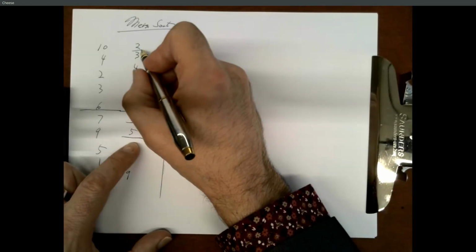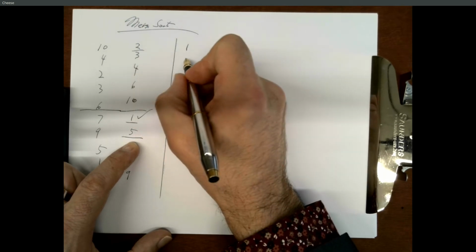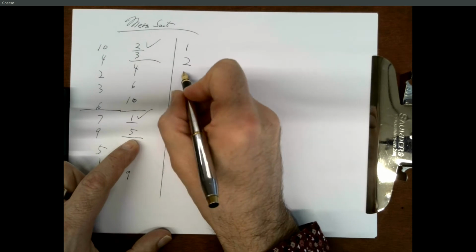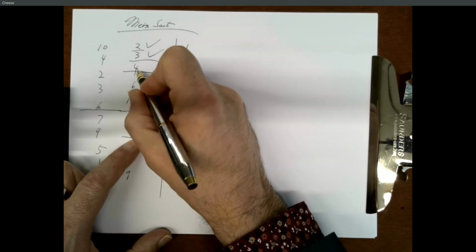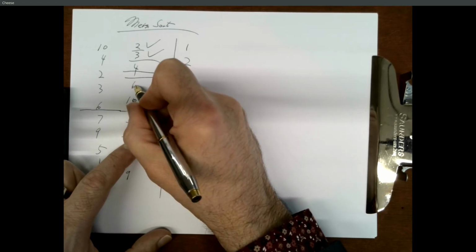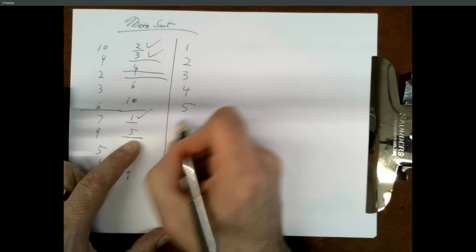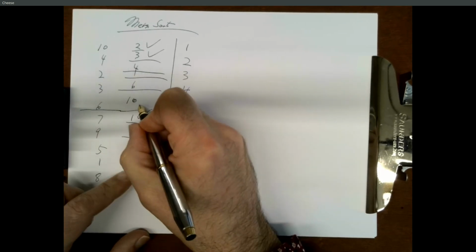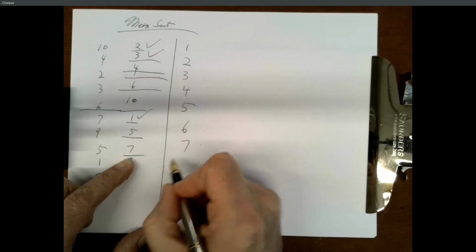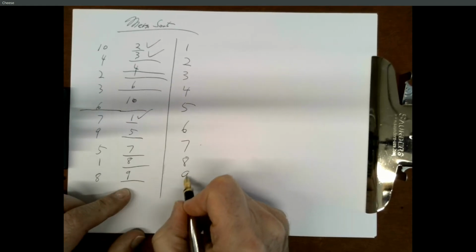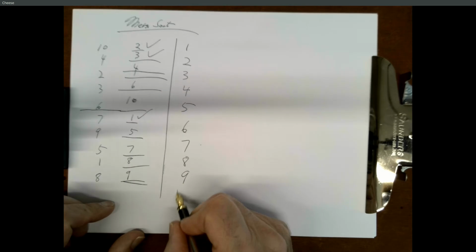So now we're looking at a 2 and a 5. 2 is the smallest, we put 2 in our output. Now we're looking at a 3 and a 5, that puts a 3 in. Now we look at a 4 and a 5, that puts a 4. Now we're looking at a 6 and a 5, 5 is smallest. Now we're looking at a 6 and a 7, take the 6. Now we're looking at a 10 and a 7, a 10 and an 8, a 10 and a 9, and then finally our 10.